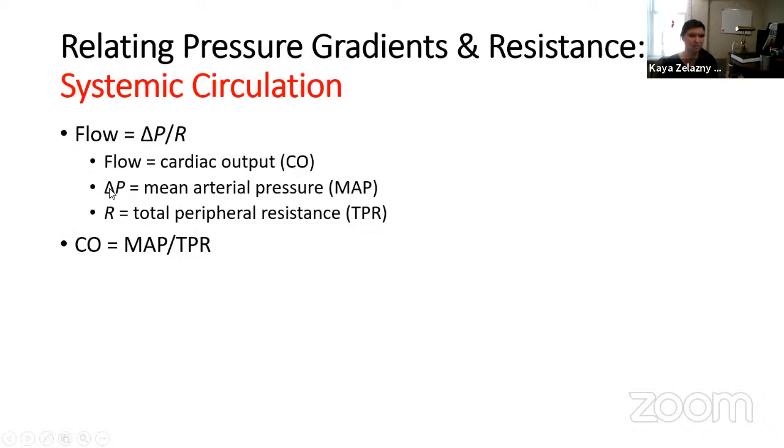Delta P, so the difference in pressure, is going to be our mean arterial pressure, MAP. So that's the average pressure in the aorta as it leaves the heart. We talked about that in ANP1. And the reason that MAP, this mean arterial pressure, counts as our difference in pressure, delta P, right? We talked about how it's a difference in pressure that we care about, not an absolute pressure.